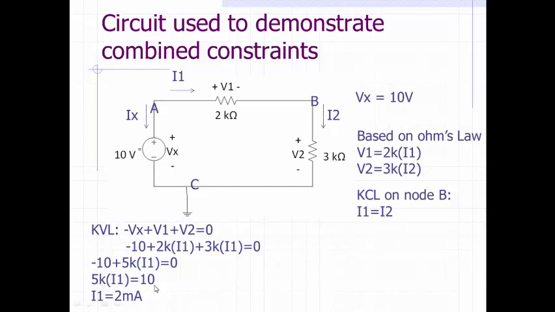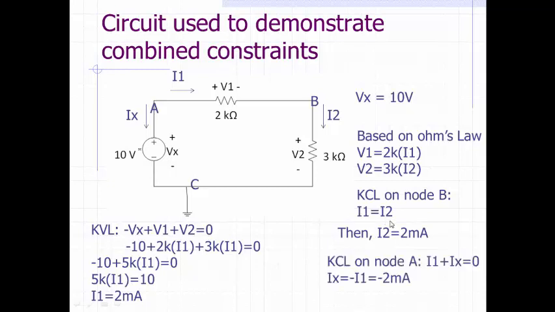Then divide by 5K on both sides. 10 divided by 5 is 2. And don't forget the 1 over K, because it's 10 divided by 5K. 1 over K is a milli, so that's why I1 is 2 milliamperes. Then if I1 equals I2, I2 is also 2 milliamperes.